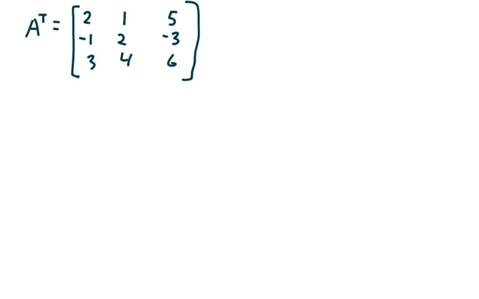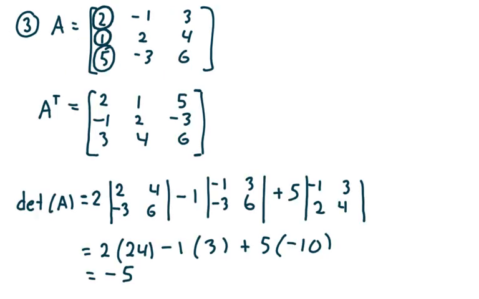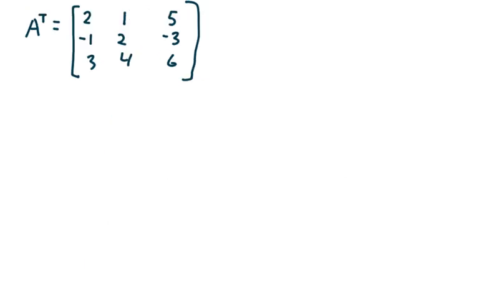Now, I fully realize I can expand around the first row of A transpose and basically get the same answer. But I'm going to expand around a different row or column and show that you're going to get the same answer regardless. So let's expand around the third column of A transpose and show that you get the same thing. So I'll start with 3.